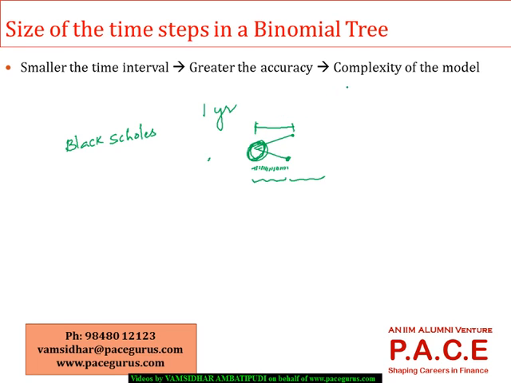But if it is at very shorter time intervals, it would be more accurate, but the model will become more and more complex because I have to compute so many nodes and probably discount at various layers. So the binomial tree model, though it becomes more and more accurate in terms of valuation, at the same time becomes more and more complicated in terms of presentation also. So there has to be a kind of trade-off between these two things.